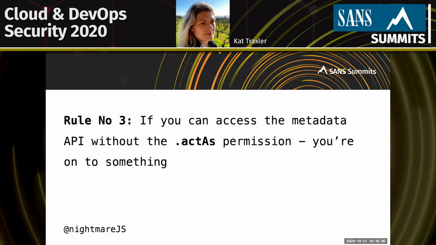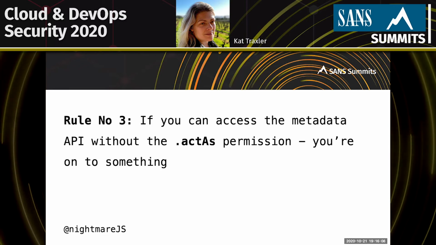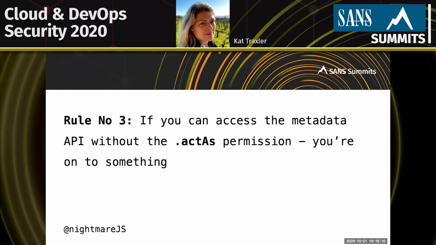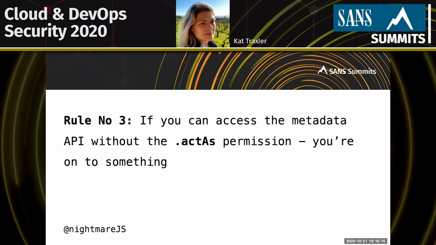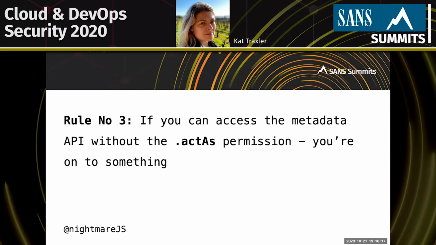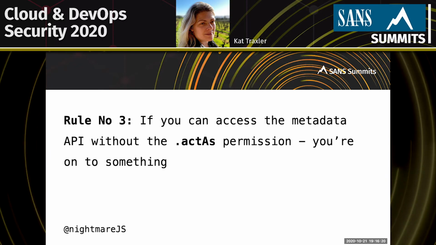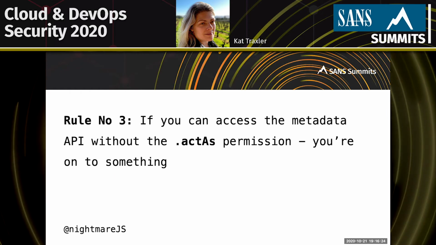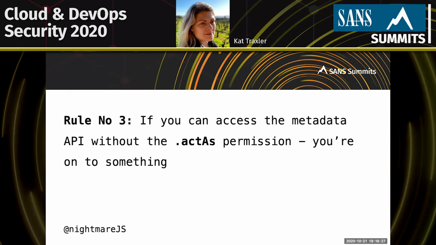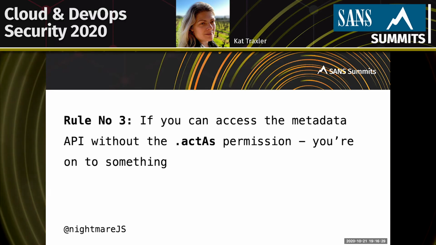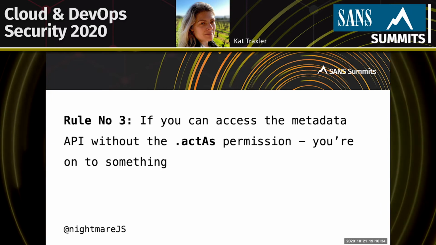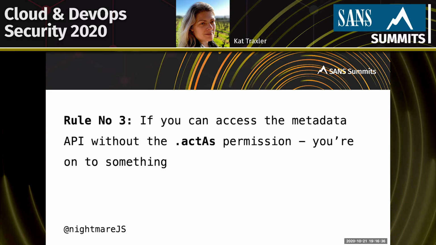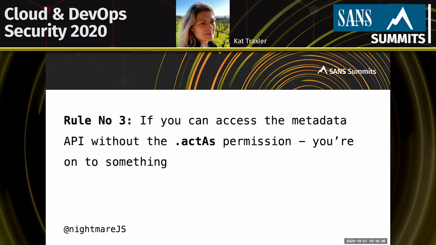Okay, so the fact that there is no access control on the metadata API isn't really the whole picture, which brings me to rule number 3. If you can access the metadata API without the act as permission, you are onto something. While it's not possible to check authorization in real time when the metadata API is queried, ostensibly access to the metadata API should be gatekeepered by the act as permission.